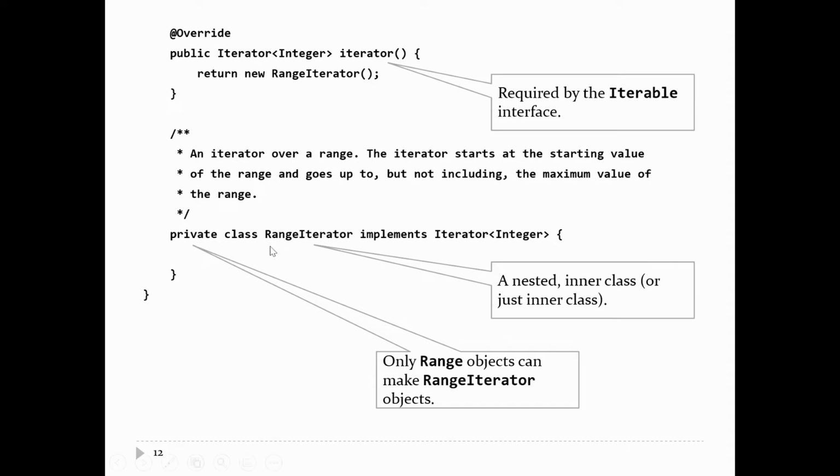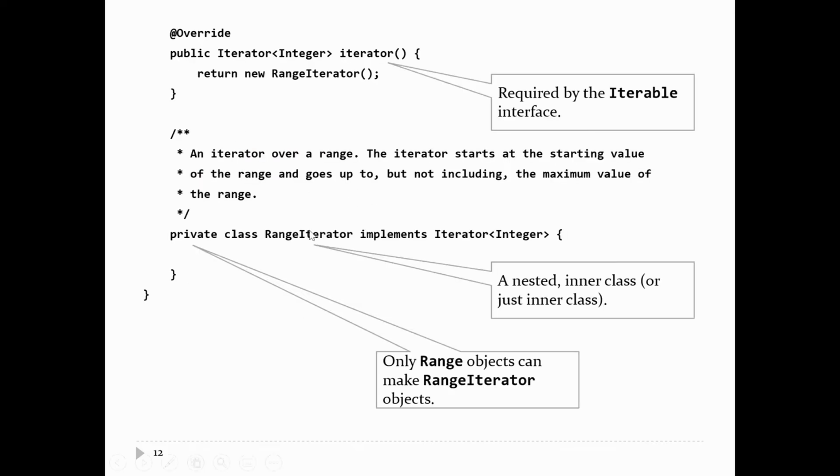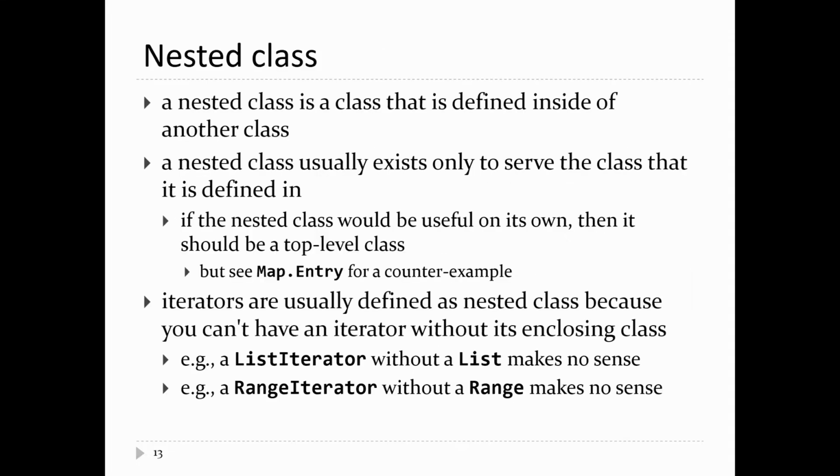So in other words, it doesn't make sense to have a RangeIterator if there's no range object to iterate over. A RangeIterator can't exist on its own. It needs a range to loop over. So this is a perfectly good example of when to use a nested class.